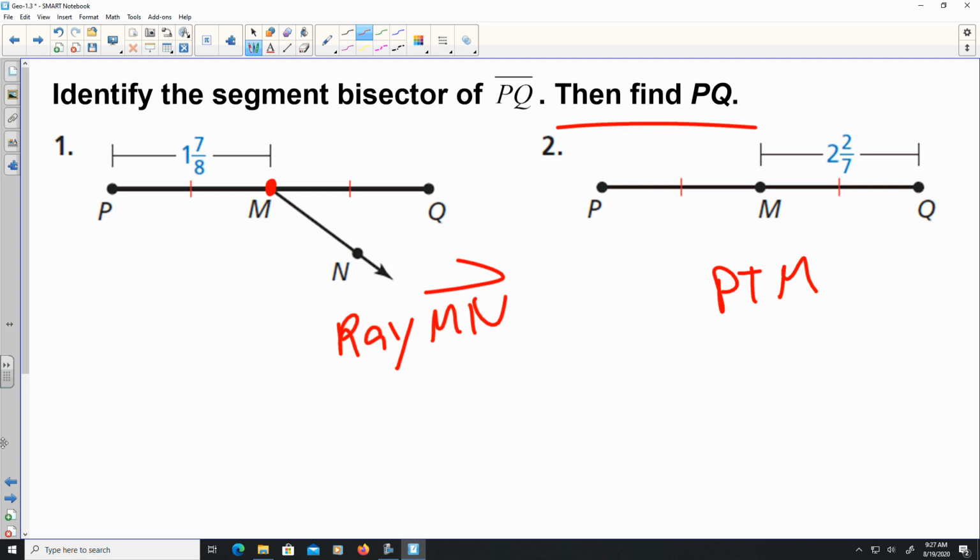If we look here, PQ in number one is going to be equal to 1 and 7/8 plus 1 and 7/8. Let's make those into improper fractions.